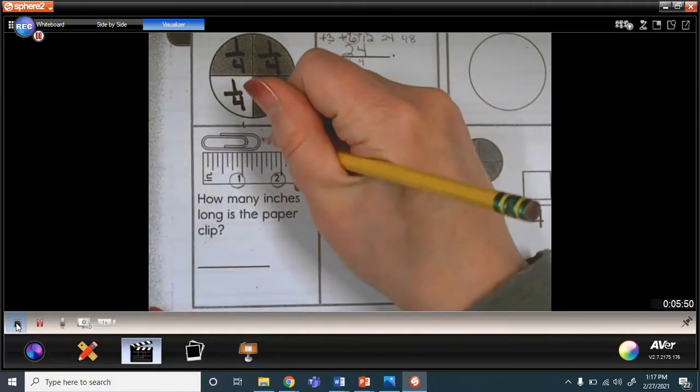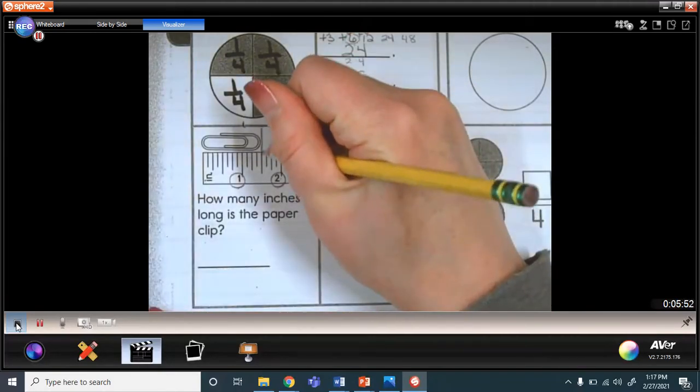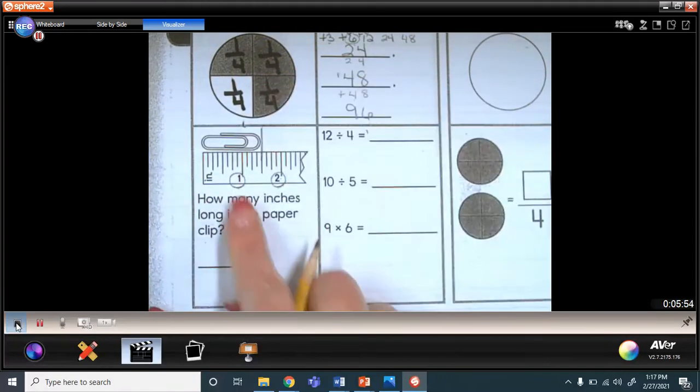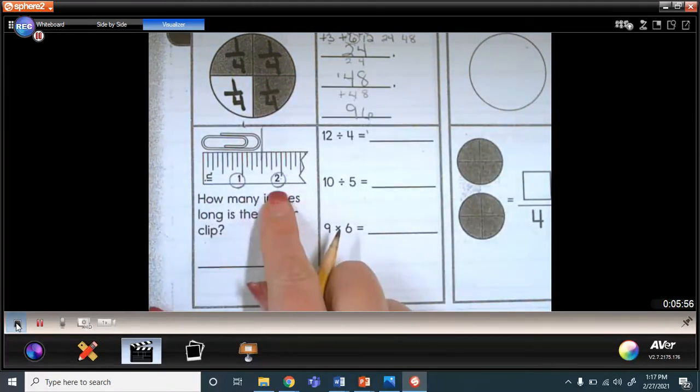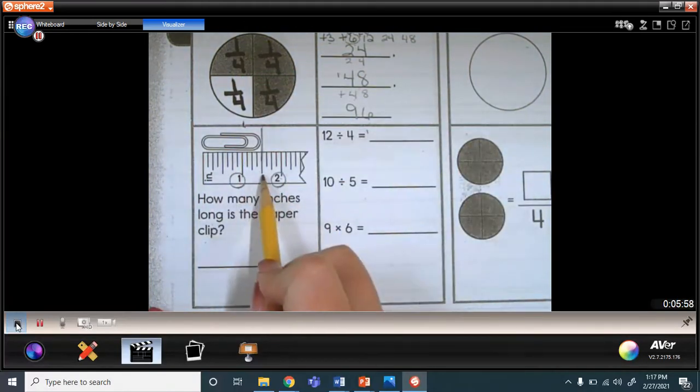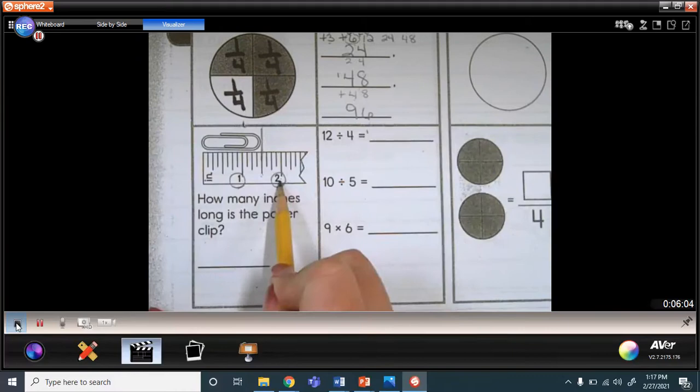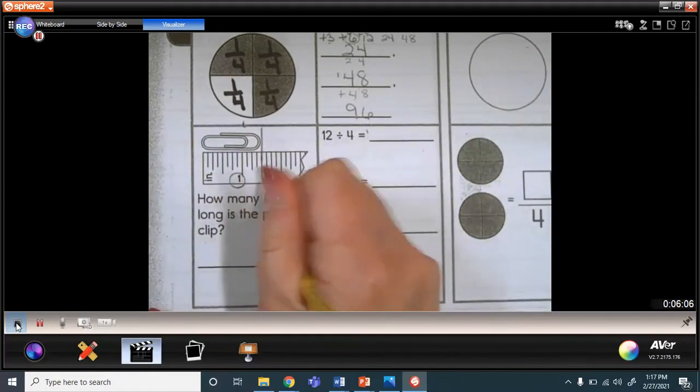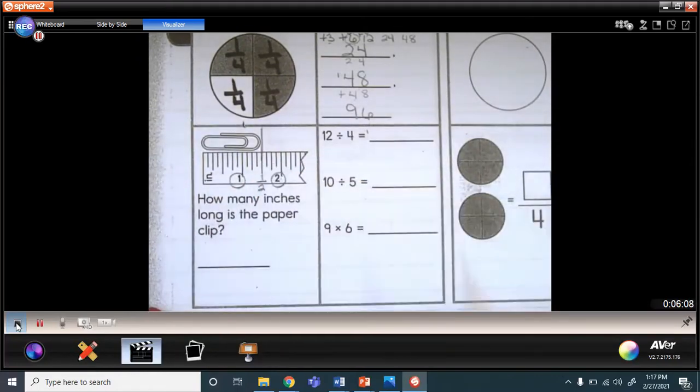So if I line up this paper clip between my 1 and my 2, I can see that right here is right in the middle of this 1 and this 2. So this is going to be our half point.